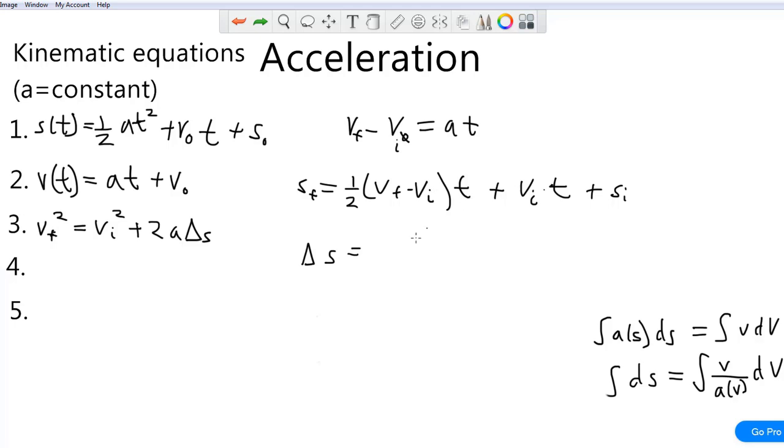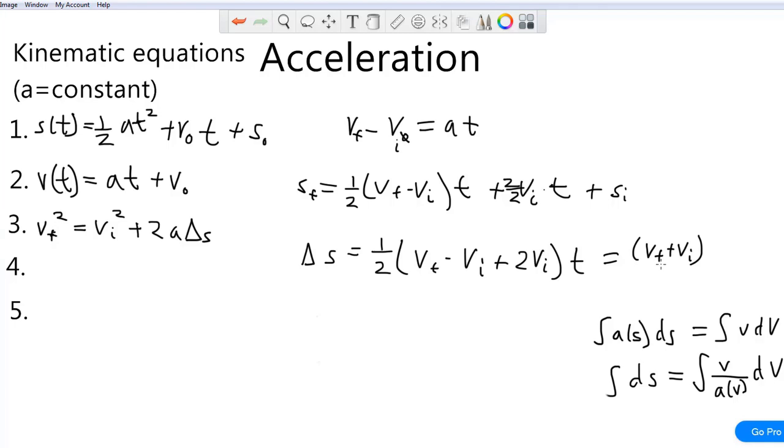So now we're going to have a half, and then v final minus v initial plus 2v initial, just because we're essentially multiplying a 2 over 2 right here, and then times time. That turns out to be v final plus v initial over 2 times t.